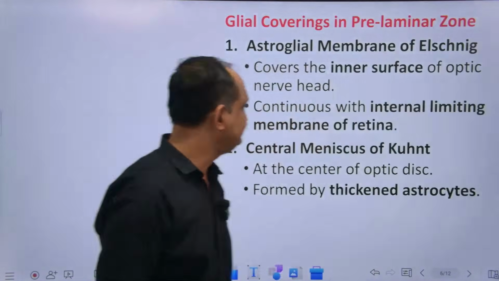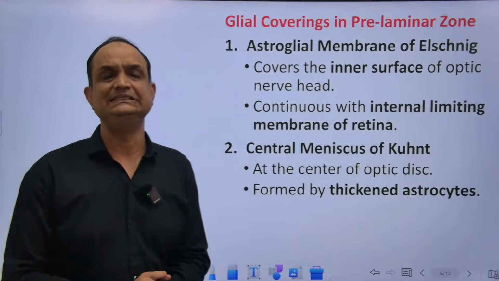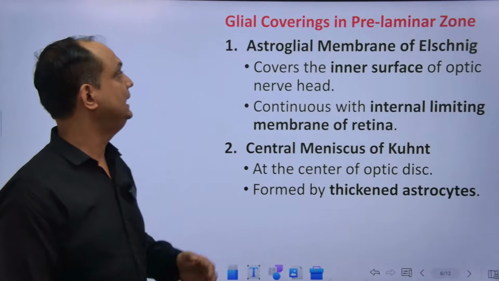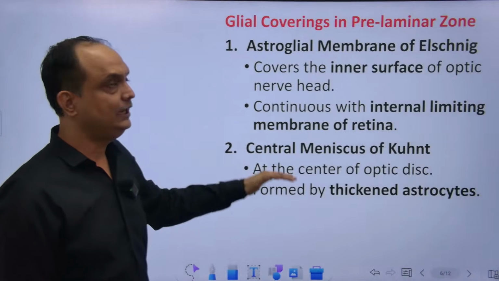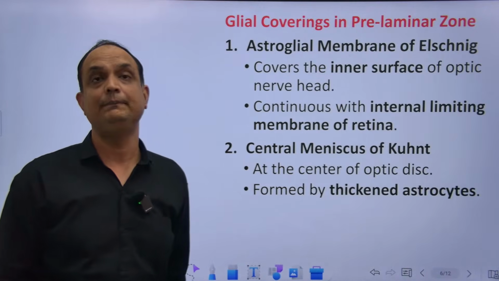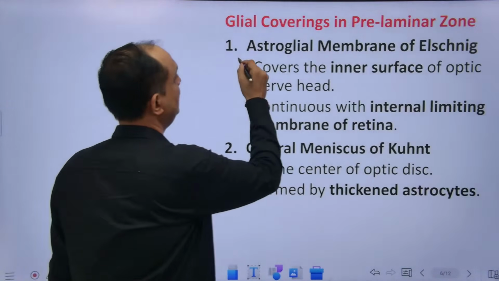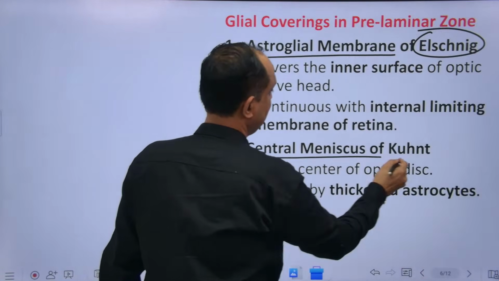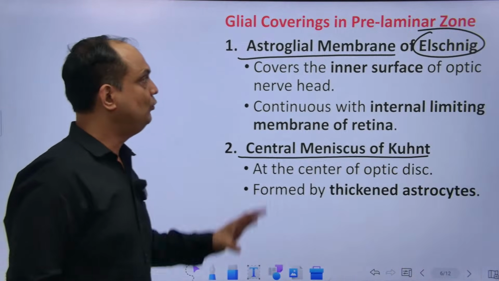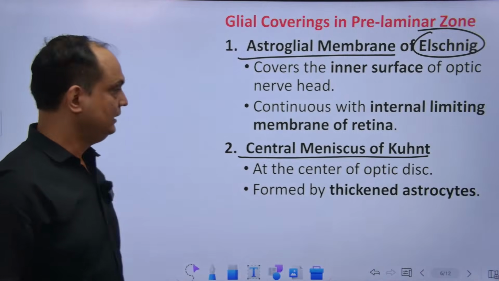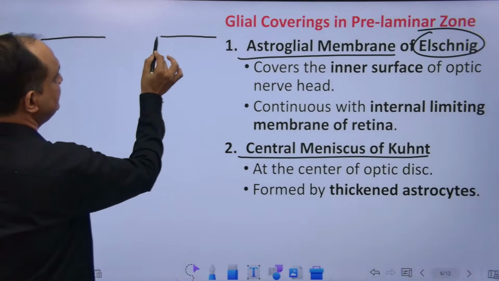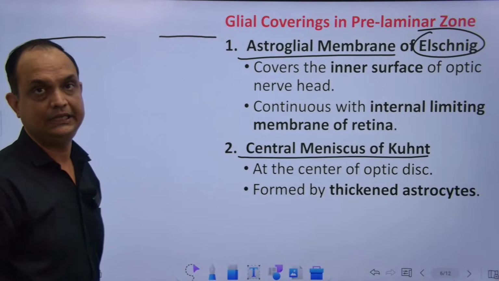Now we'll move to the next important concept of the optic head. In the optic head, there are two important names related to the membrane. One is the astroglial membrane of Elschnig, and another is the central meniscus of Kuhnt. What are these basically? When you see the internal limiting membrane, this is the internal limiting membrane of the retina.